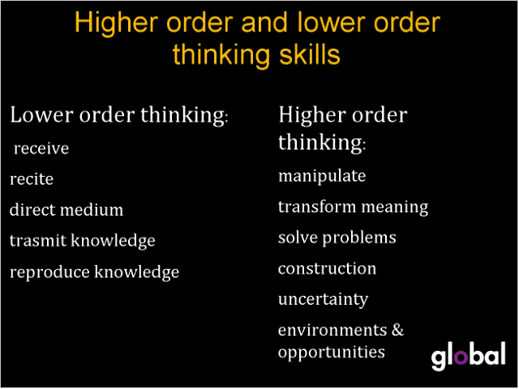Now, I've made a slide here where I've got lower order thinking and I've got higher order thinking. And under each category, you can see a list of words. What we're going to do now is I'm going to read you a little bit of a lecture explaining the difference between lower order and higher order thinking, okay? And the words there are there to help you remember this, all right?